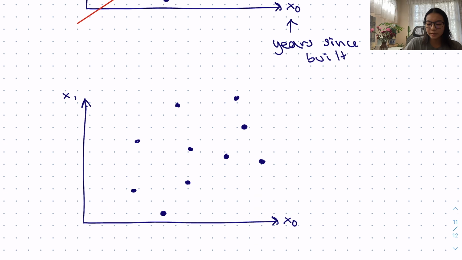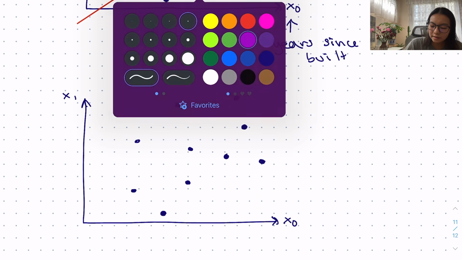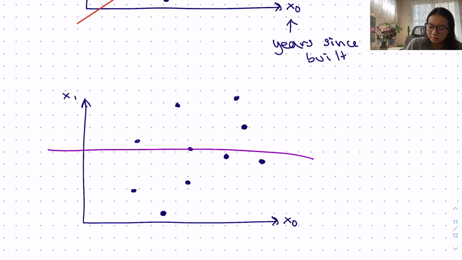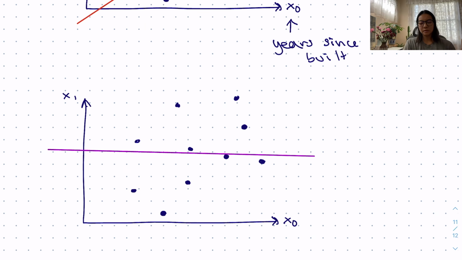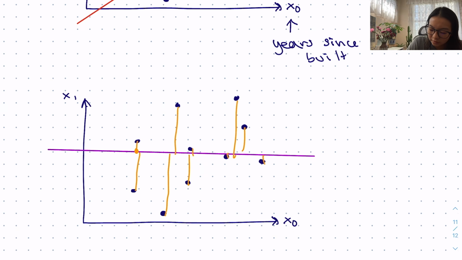So if this were my original data, what if I had taken this to be the PCA dimension? Well, I then would have points that, let me do that in a different color. If I were to draw a right angle to this for every point, my points would look something like this.